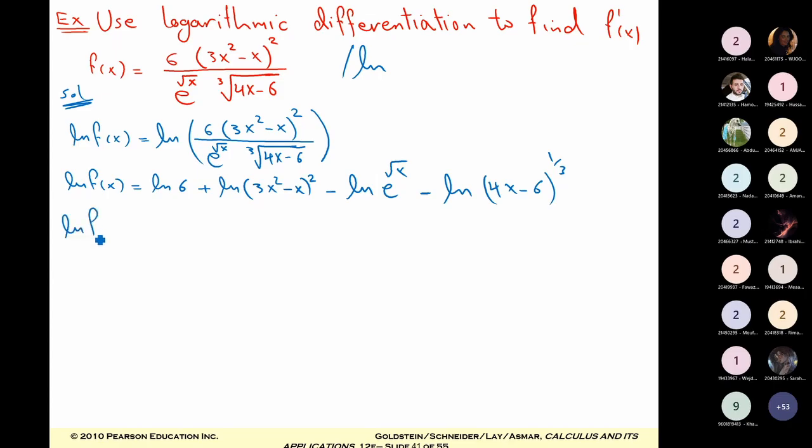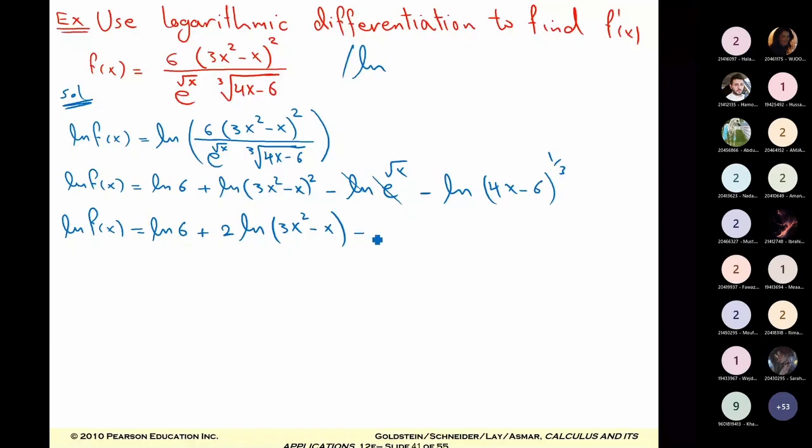Now, for more simplification, put the exponent as multiplication. So we have ln 6 plus 2 multiplied by ln (3x squared minus x). Remove ln with e, so we have radical x. And put 1 over 3 ln (4x minus 6), like this.